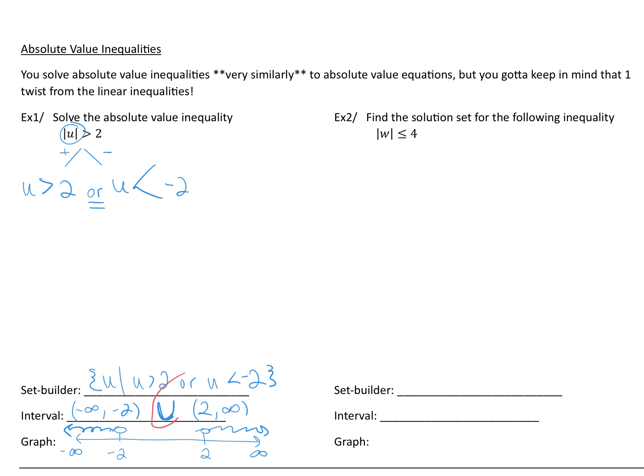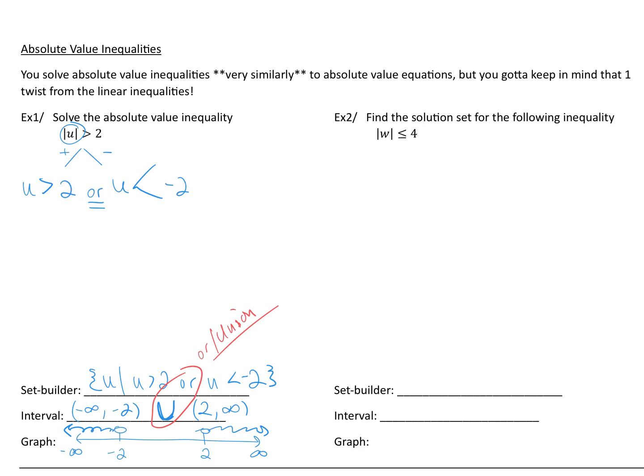That is a union. So or union. And those are the answers for all of those. The inequality answers, again, are just up here as u is greater than 2 or u is less than negative 2.